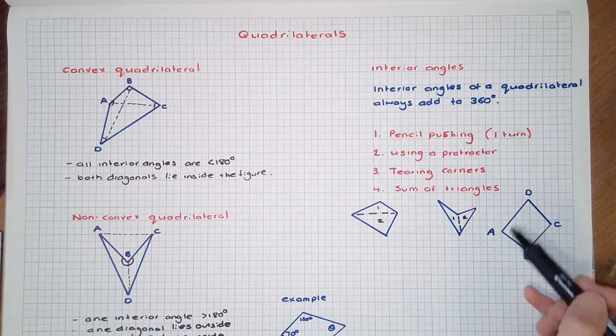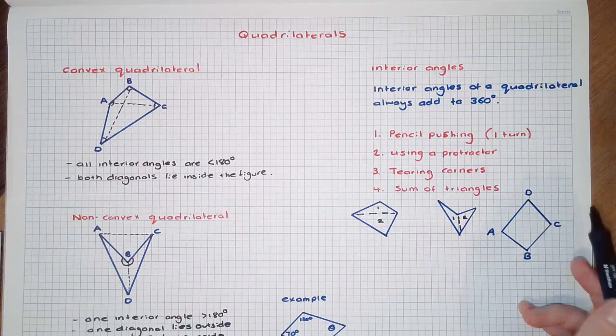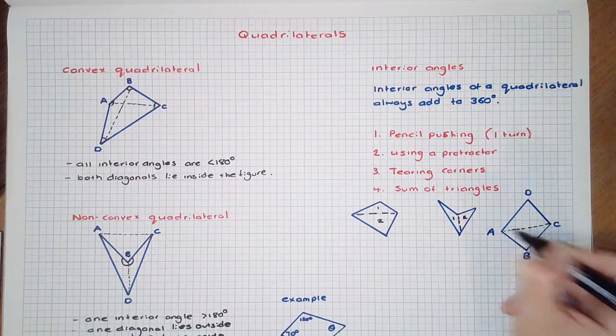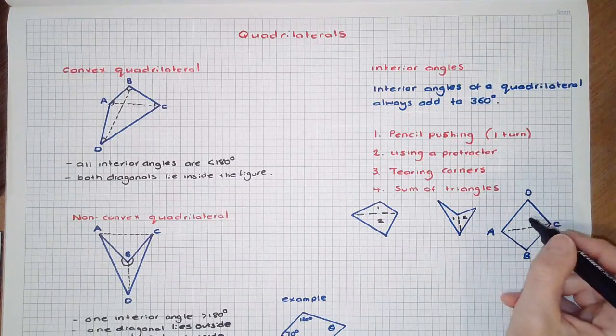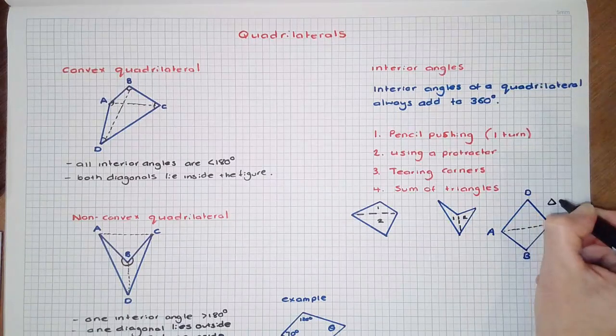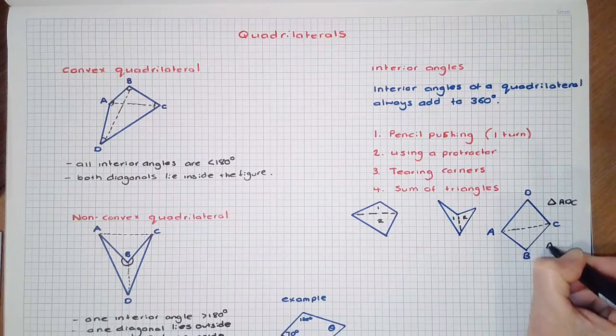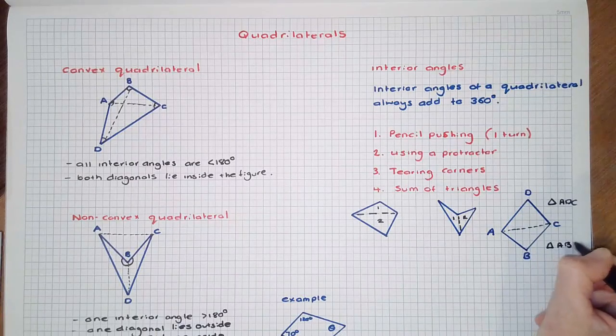Here I've got a diagram of quadrilateral ABCD. I'm going to connect the diagonal AC. So our top triangle is now triangle ADC, and our bottom triangle is triangle ABC.